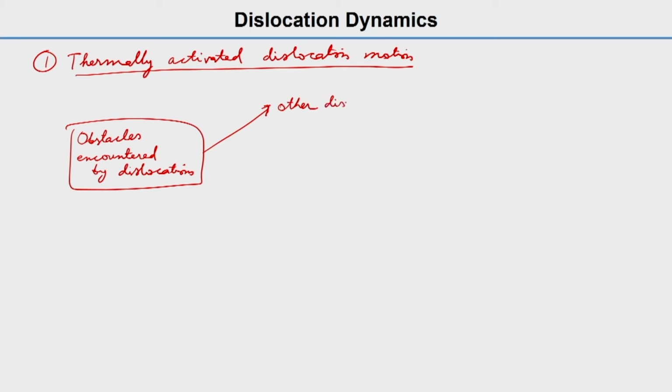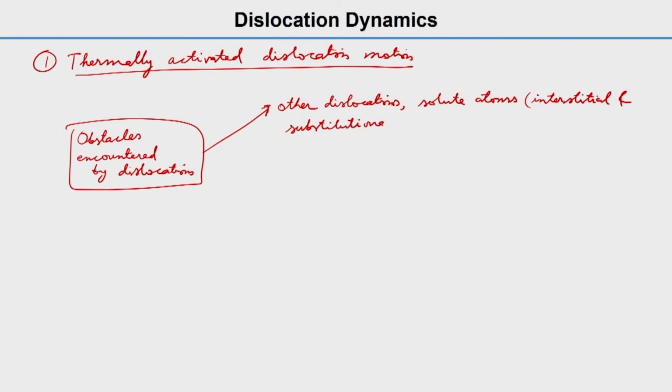That means dislocations interact with dislocations, and then solute atoms. We have discussed that in the materials science basics class, that lecture. So what we discussed is dislocations with interstitial and substitutional impurity or solute atoms.